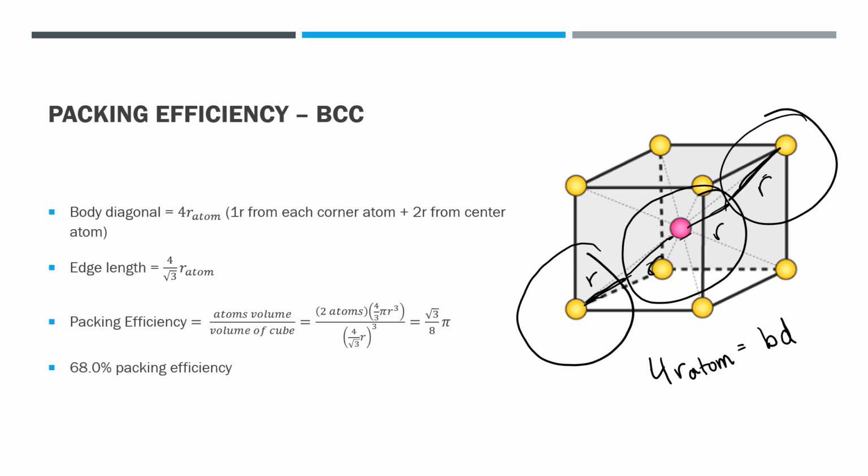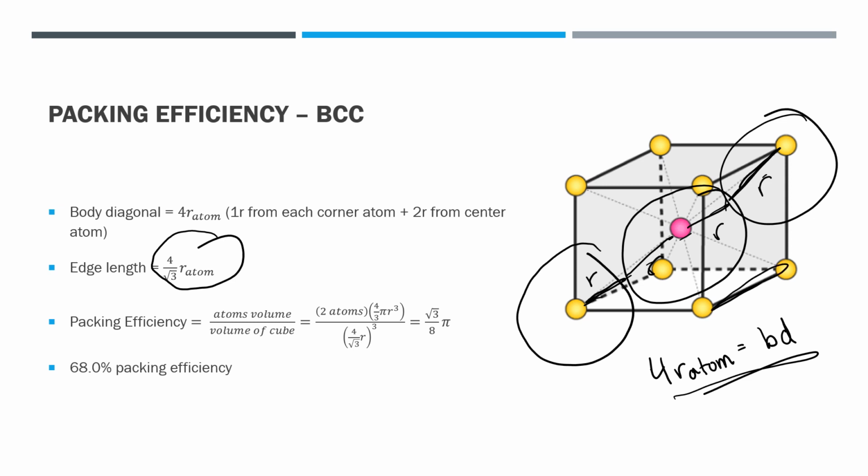So let's look at body-centered cubic first. We have 4 times the radius of the atom equal to the body diagonal, and by the Pythagorean theorem, that means the edge length is equal to 4 over root 3 times the radius of the atom. That's just simple Pythagoras, going from the body diagonal to the length of an edge.